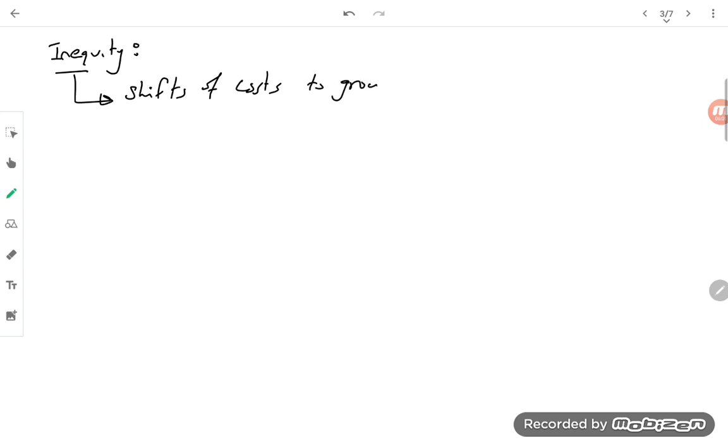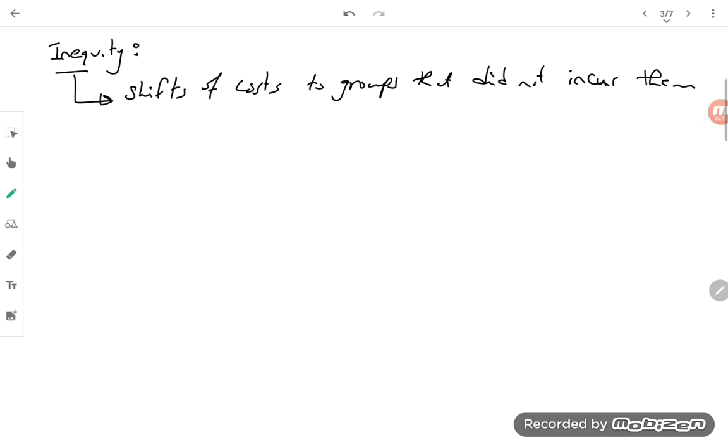What's meant by inequity? Inequity means shifts of costs, of course, or benefits to groups that didn't incur them.